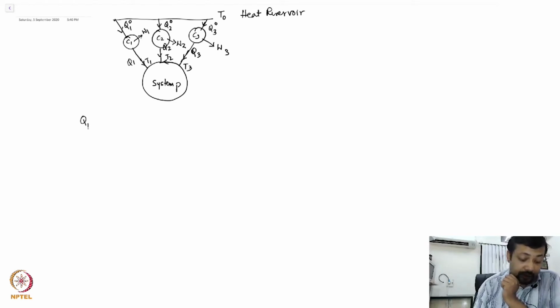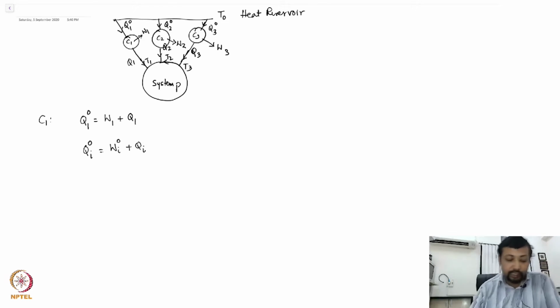It obviously means that Q10 is equal to W1 plus Q1 for the Carnot engine C1, and similarly for the Carnot engine C2. So the general relation would be Qi0 is Wi0 plus Qi.